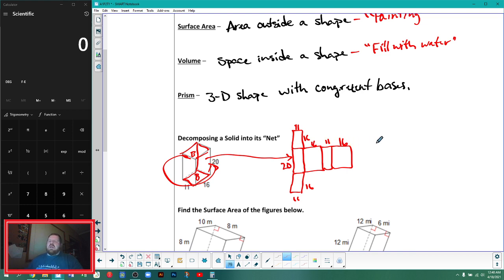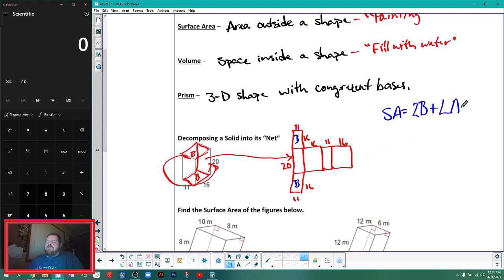Now, to figure out surface area, one of the most common formulas that we use, sort of the base formula, is that surface area is equal to the two bases. That's these ones. These are my bases. So we would say 2b plus the lateral area.